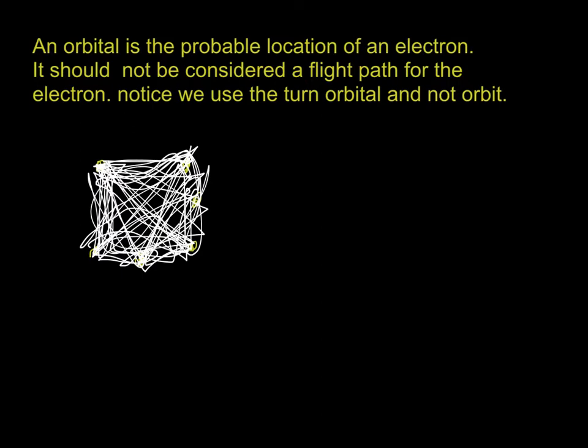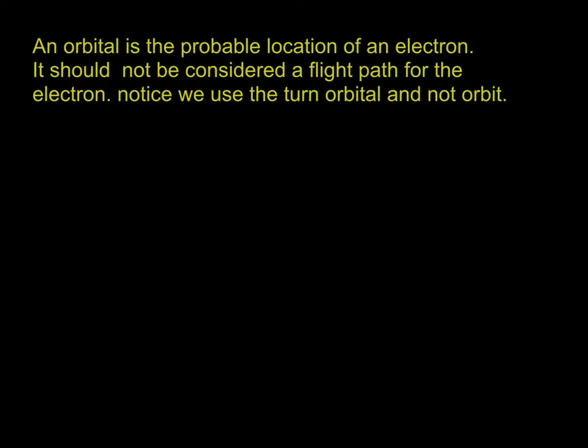Now, that leads to some interesting shapes. What we'll discover later on in this conversation is that orbitals aren't those boring circles. They're going to have some much more interesting shapes. But right now, you need to know that an orbital is the probable location of an electron. And electrons drive sports cars.